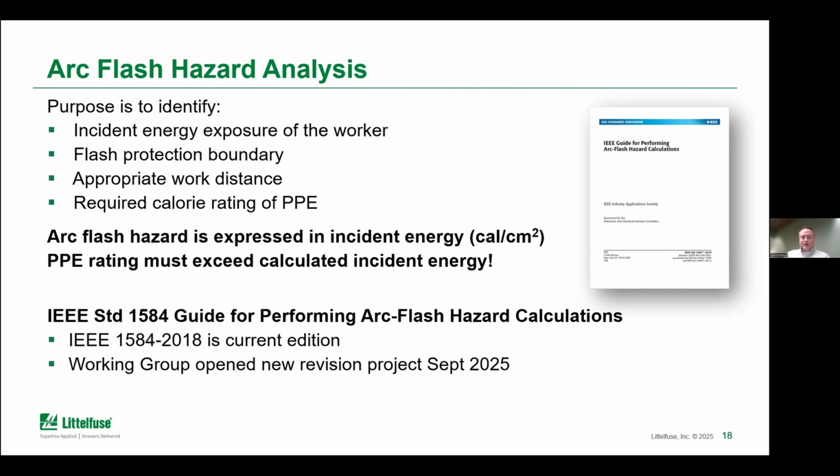So if you see an arc flash hazard label, the energy is expressed in calories per centimeter squared. So that's what we would call the incident energy. And of course, if you want to select the right PPE to provide protection, personal protective equipment, you would use equipment that has a rating equal to or above that incident energy that is available in that panel.